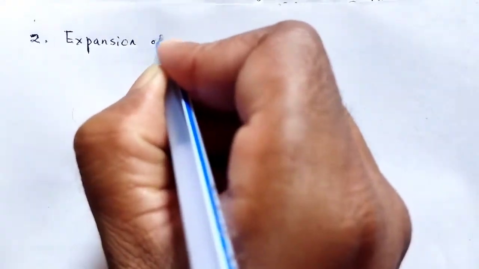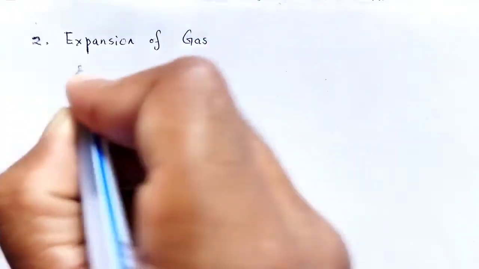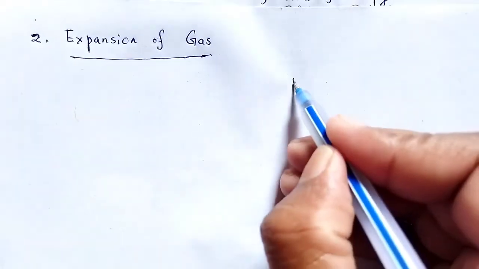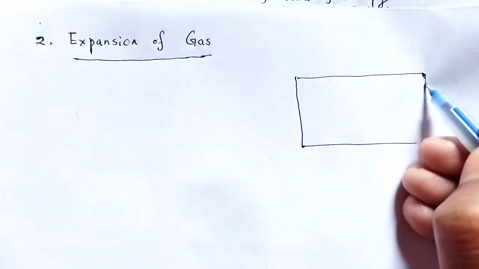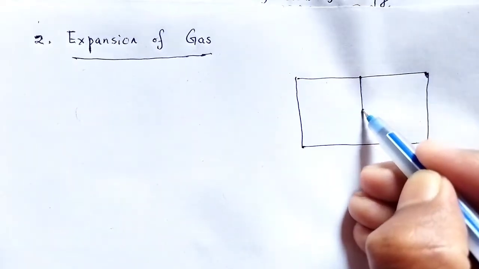Expansion of gas. An example of increase of entropy, the law of increase of entropy. Example number 2 is expansion of gas. How does gas expand? Consider a vessel which is divided into two halves.